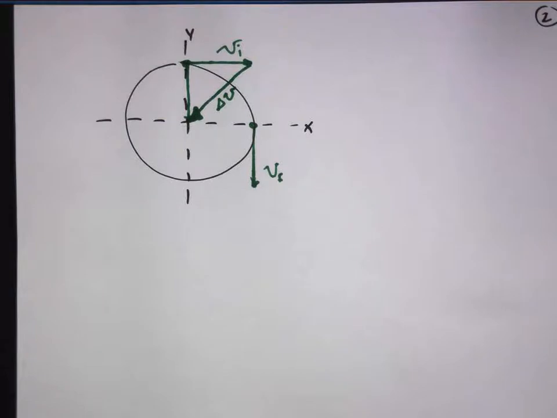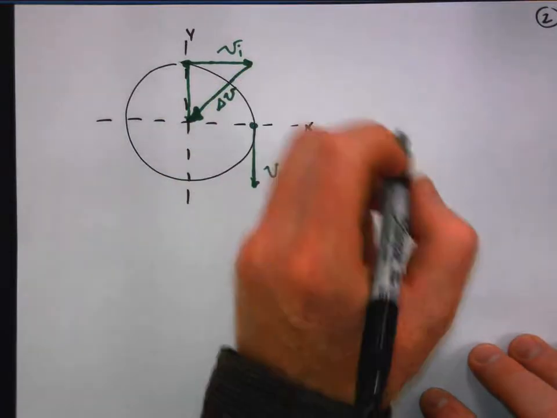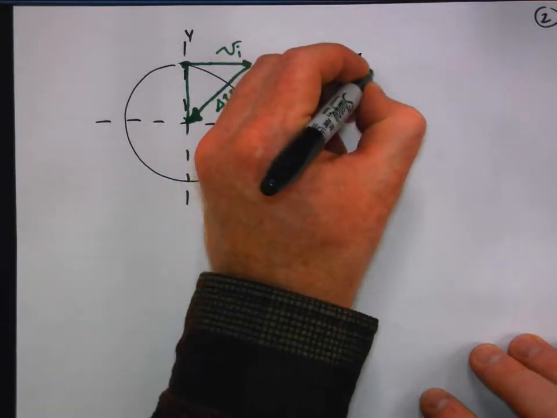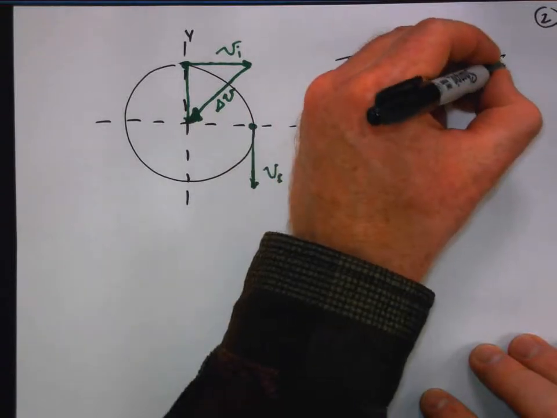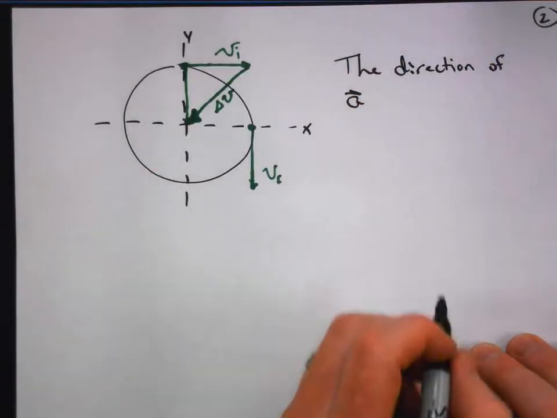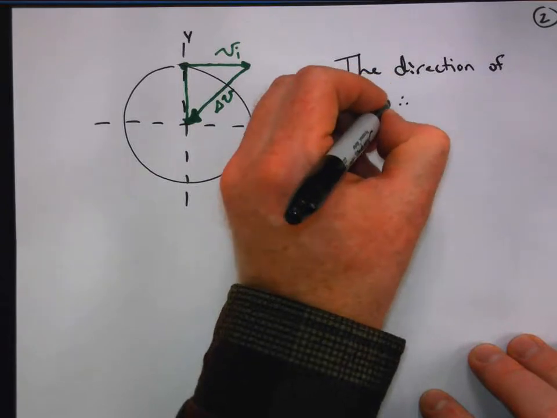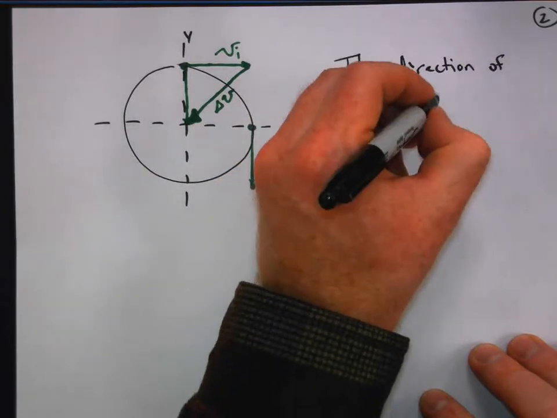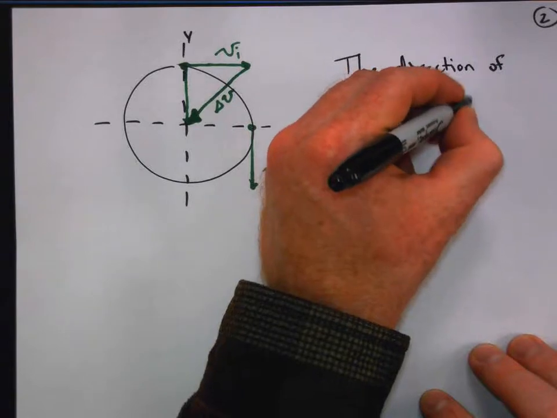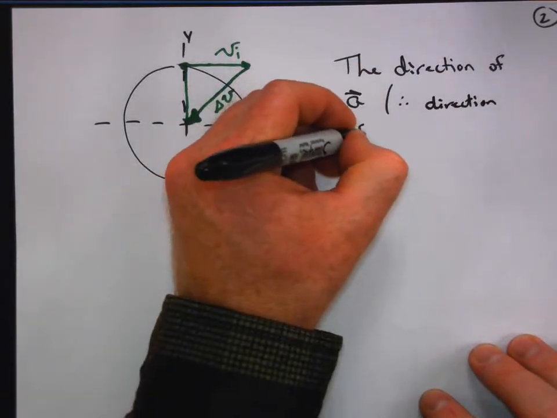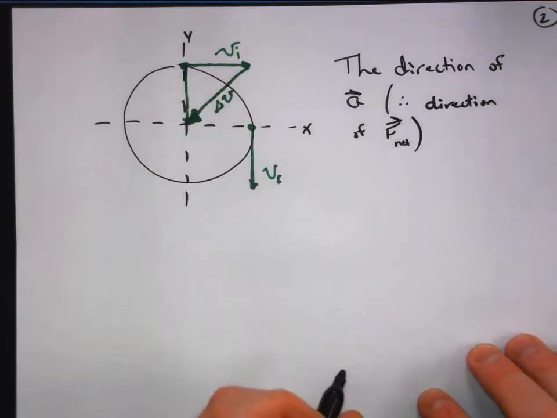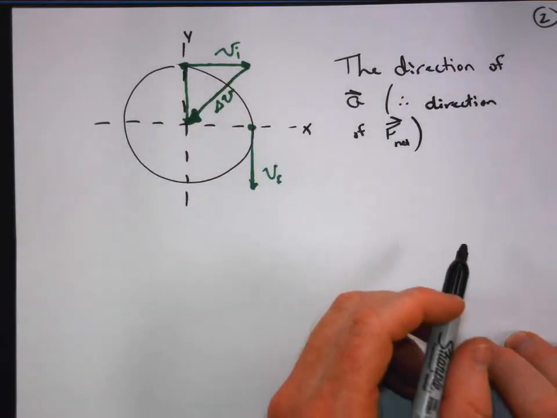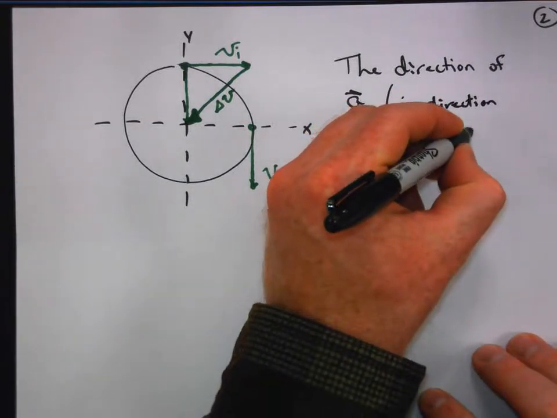It is important to note the direction of that change in velocity. And the reason is, the direction of the acceleration, and therefore the direction of the net force, must point in the direction of delta v.